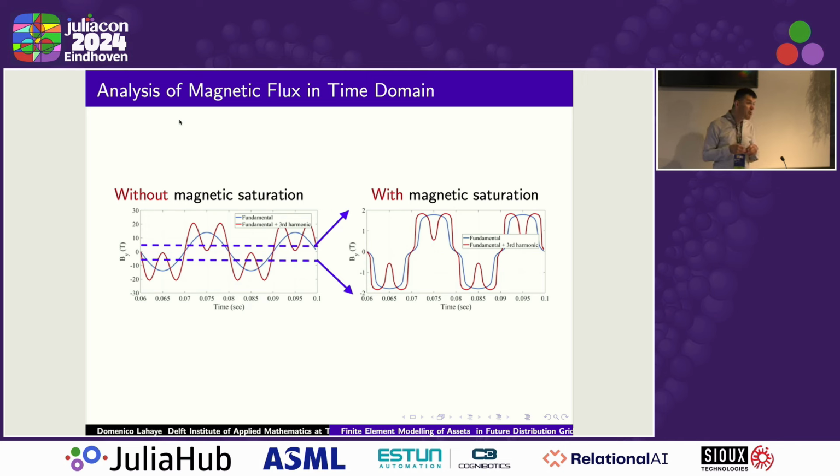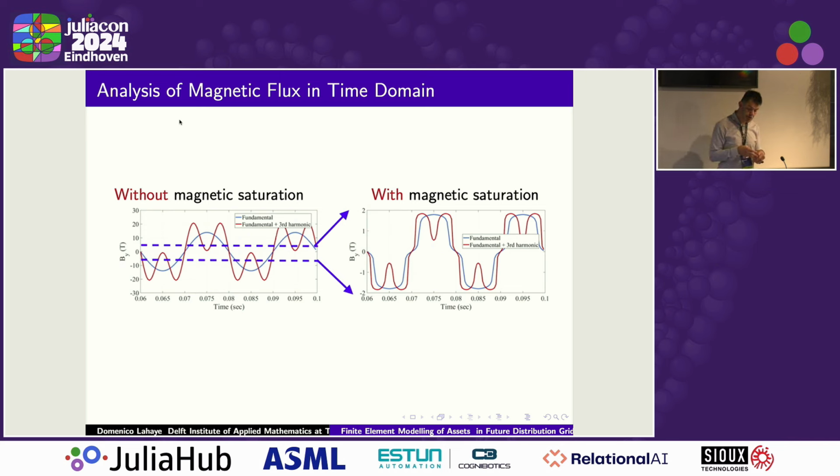If we switch from left to right, we will see that we see two effects. The fact that the flux is lowered, this is the saturation effect, but also there is a shaving off of the peaks.